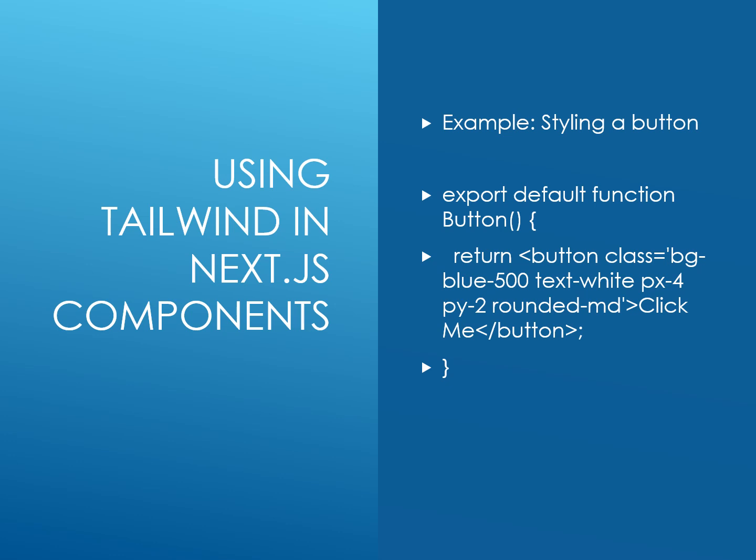So you can write this code in your button tag: class equals bg-blue-500 text-white px-4 py-2. Here you can check that class is written here, but in Next.js this is not the class keyword used. There we use className.